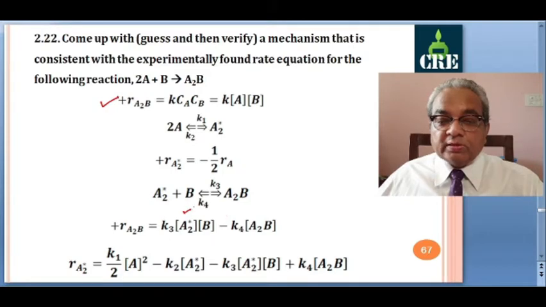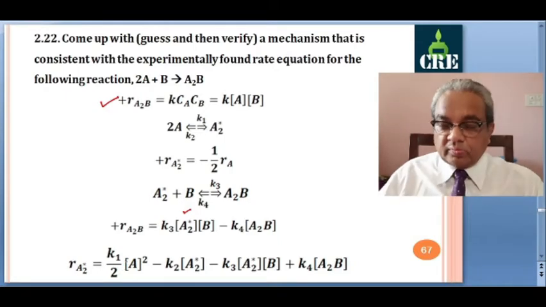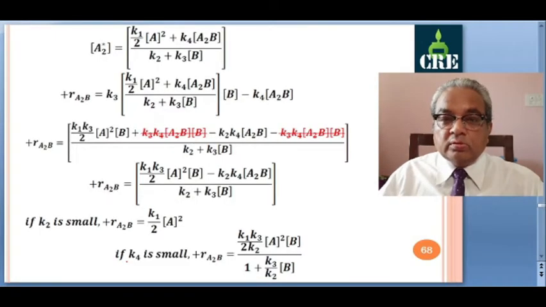It is here also minus K3 concentration of A2 star into concentration of B minus K4 concentration of A2B. So equate to 0, separate the terms, and we get concentration of A2 star as this term, K1 by 2 concentration of A square plus K4 into concentration of A2B divided by K2 plus K3 into concentration of B.